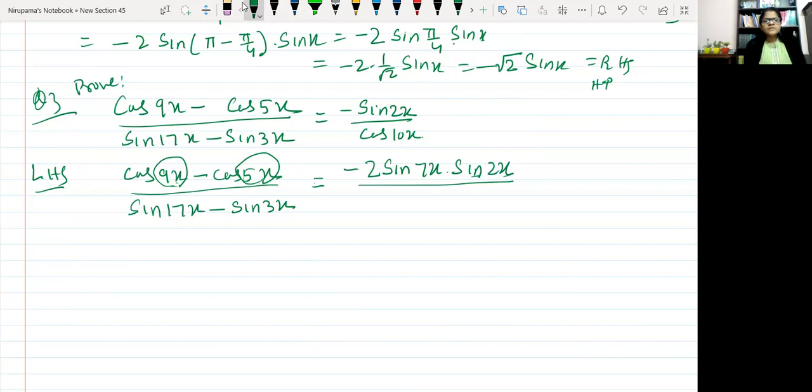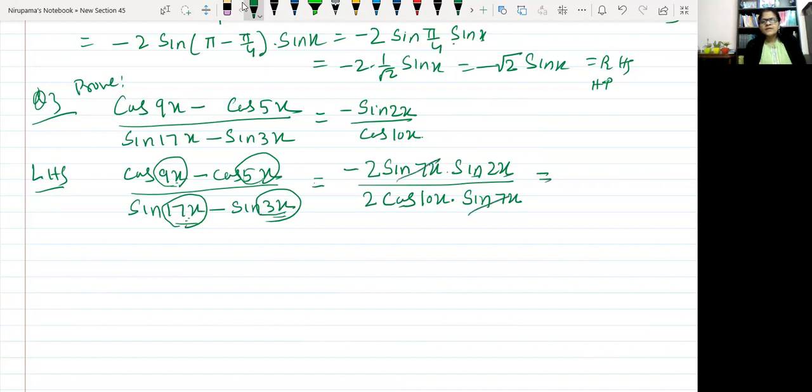Denominator sin C minus sin D is 2 cos (C plus D)/2, 17x plus 3x, 20x by 2, 10x, into sin (17x minus 3x)/2, 14x by 2, 7x. Okay, so what are you getting?